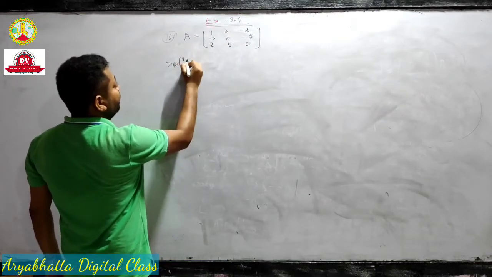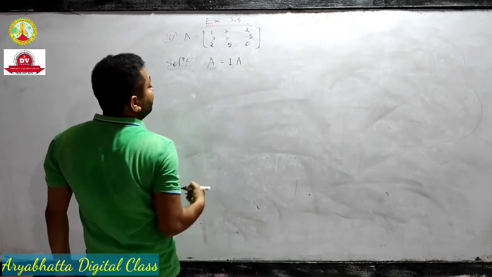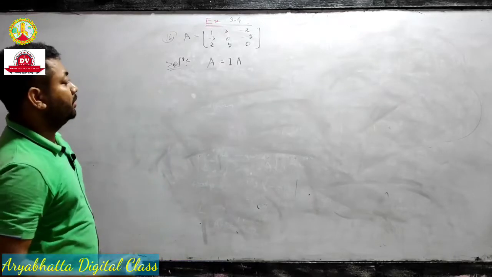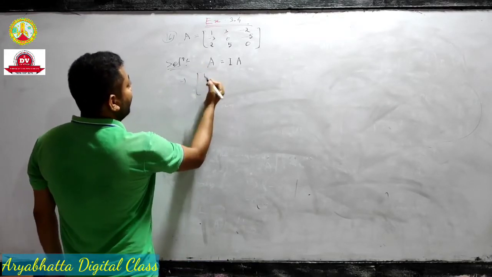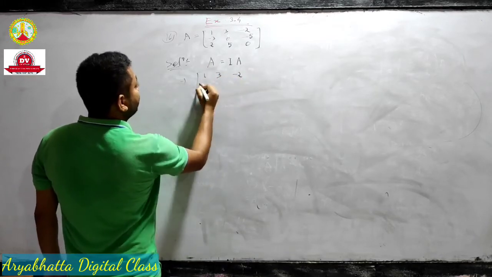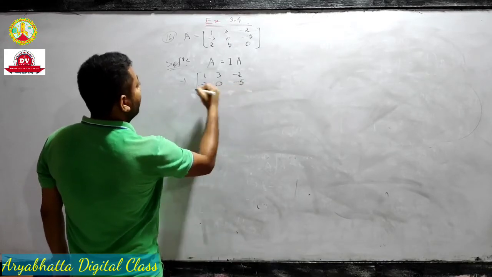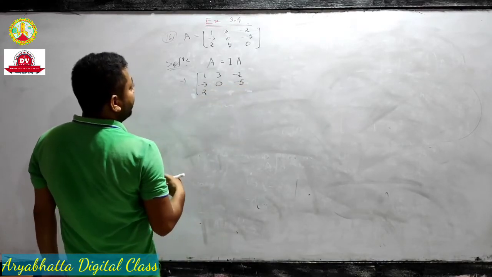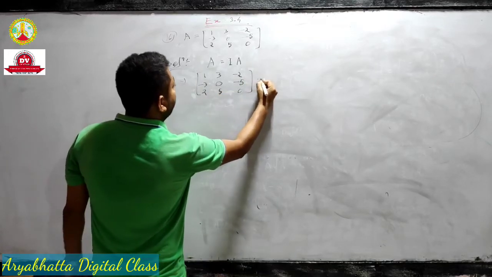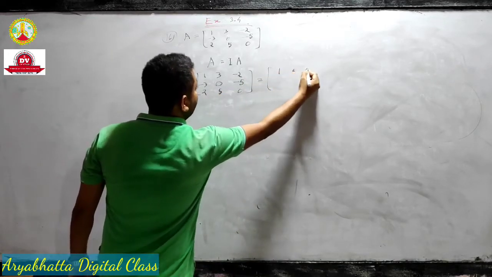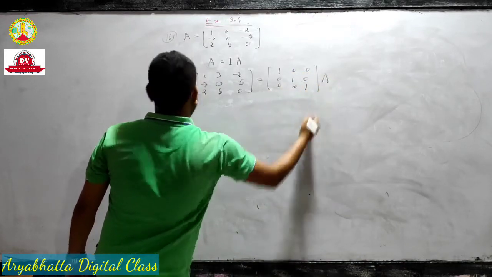Then this can be written as A equal to IA. I is the identity of order 3 by 3. That is, A is equal to 1, 3, minus 2, minus 3, 0, minus 5, and the third row elements are 2, 5, 0, equal to I, the identity of order 3 by 3, into A.